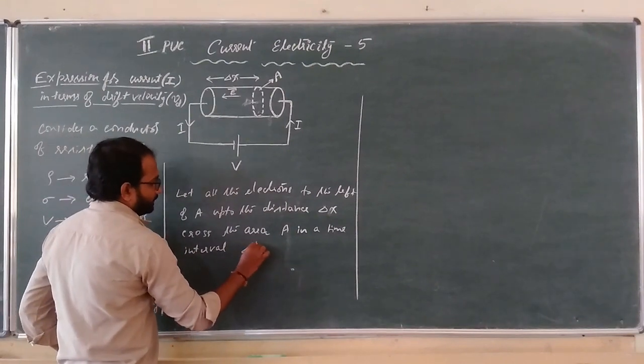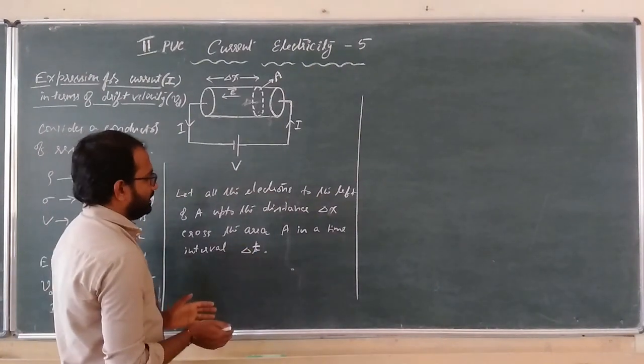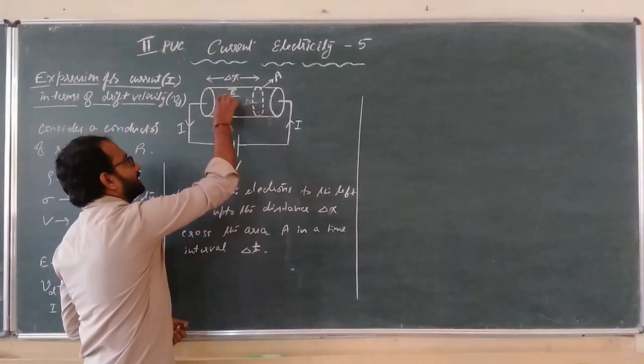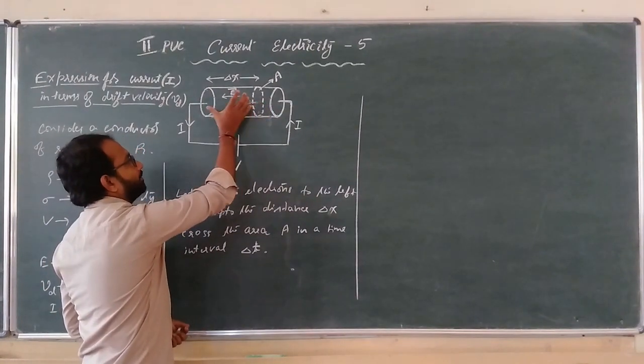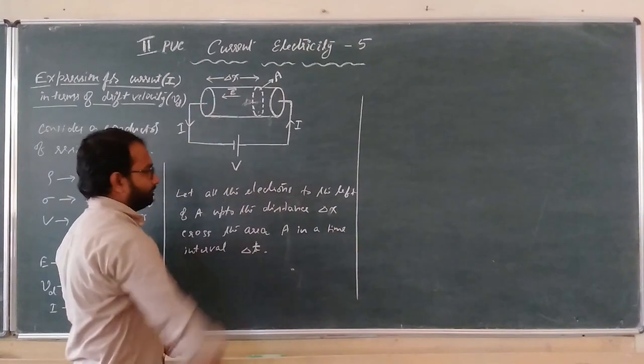We consider delta t as the time interval in which all the electrons present in this particular volume cross this area.